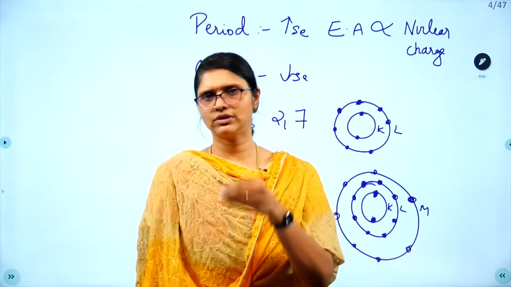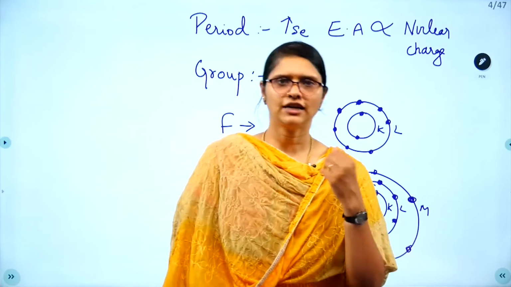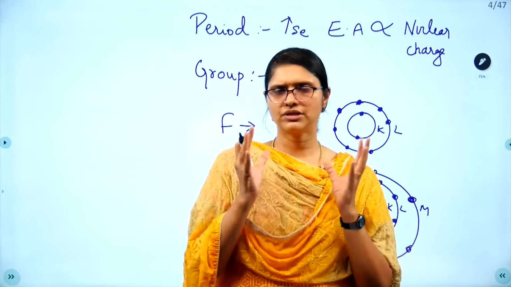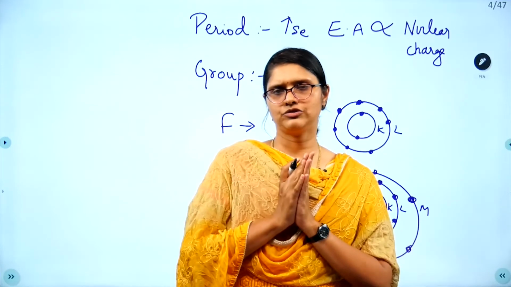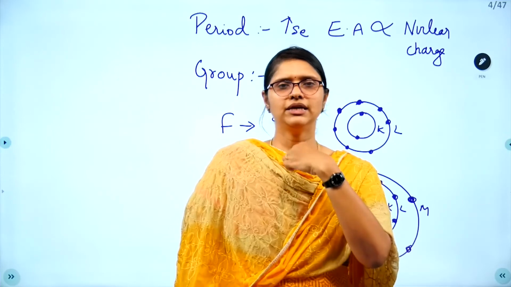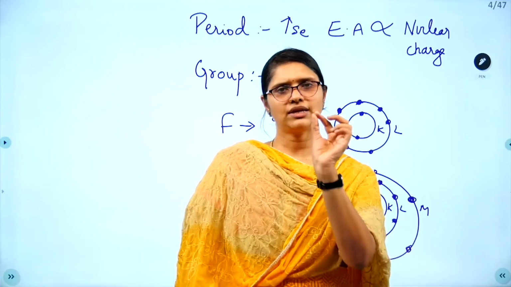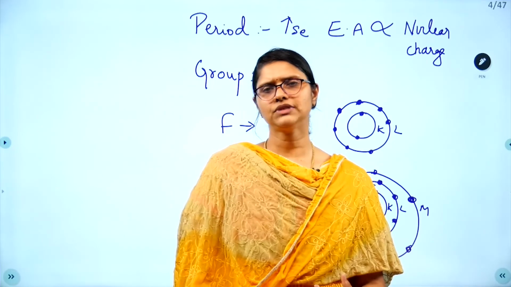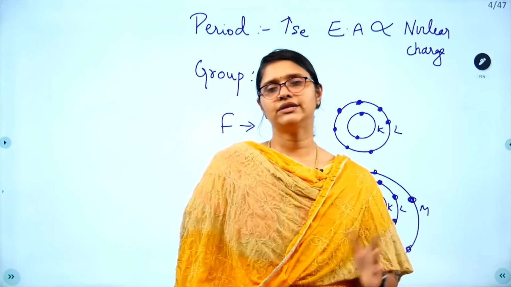So any electron added there, rather than being attracted, will be repelled because more electrons are concentrated in one small shell. So we can say electron-electron repulsion. Because of that repulsion, it won't accept much, so less energy is released.